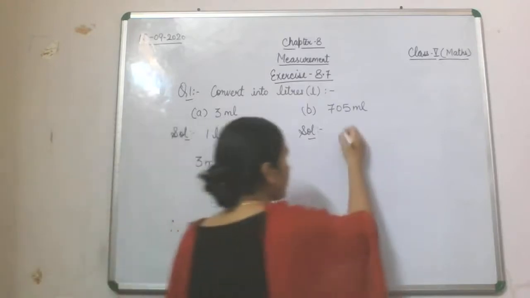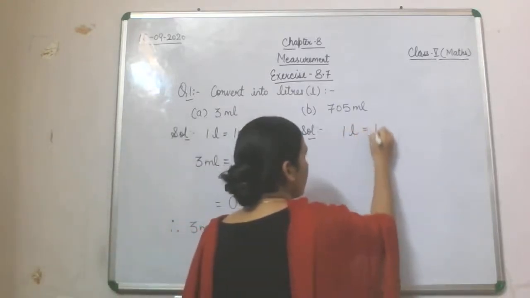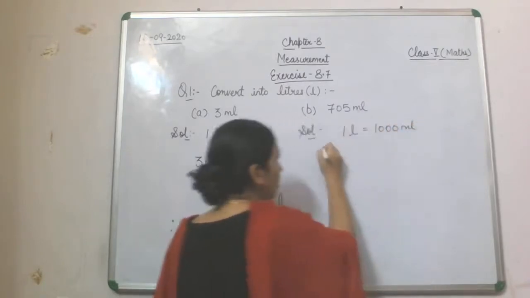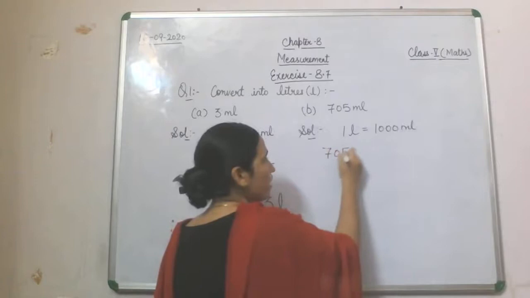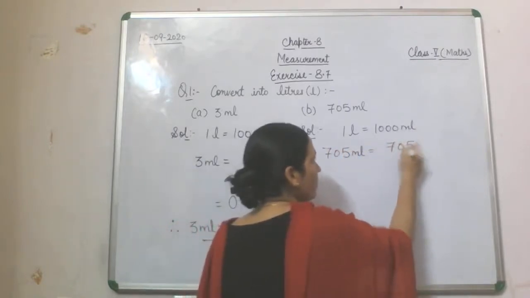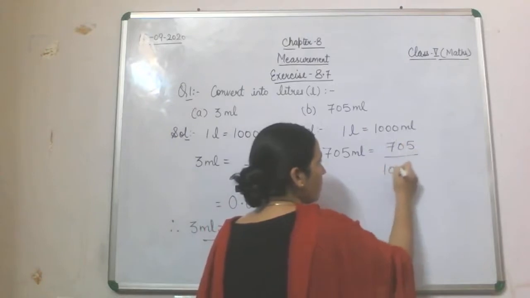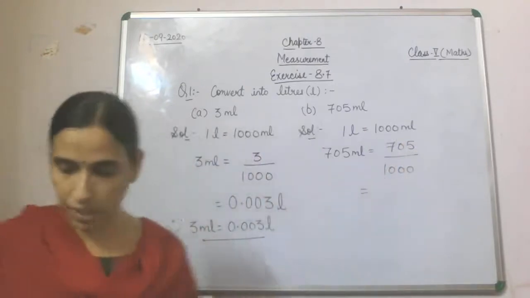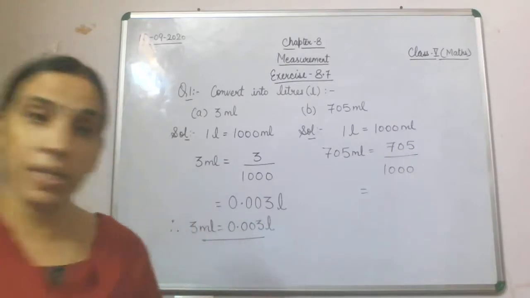Again 1 liter is equal to 1000 milliliter. So what we will do with 705 milliliter is division. 705 will be divided by 1000. So what is the answer? How many decimal places do we require here? 3 decimal places.